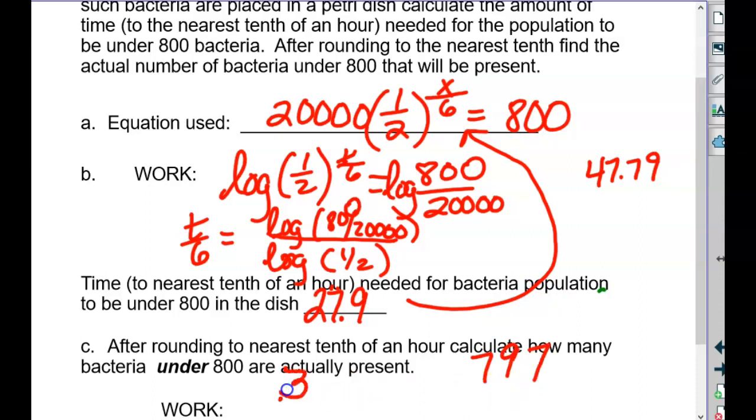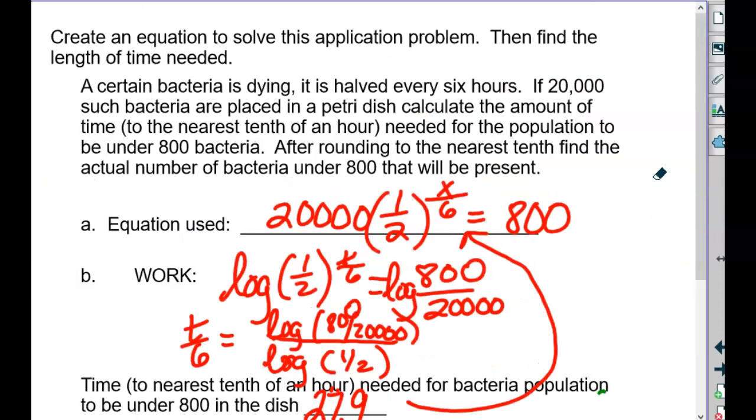So it's only 3 under 800. Should be close, guys. It should be close to the number. Probably not going to have more than 100 either way. I knew it was wrong. It's because I wrote it down wrong. I was typing what I had written. All right. It's not working.